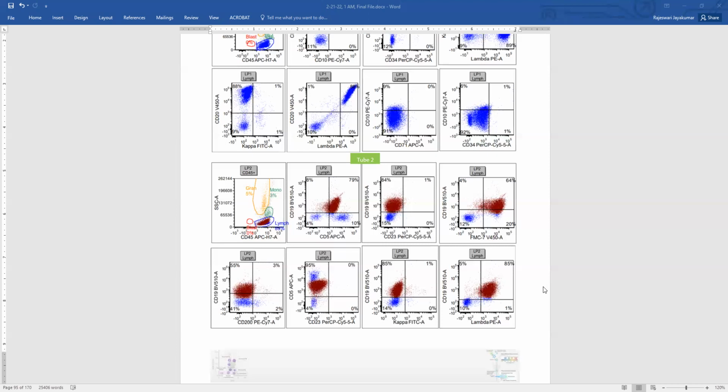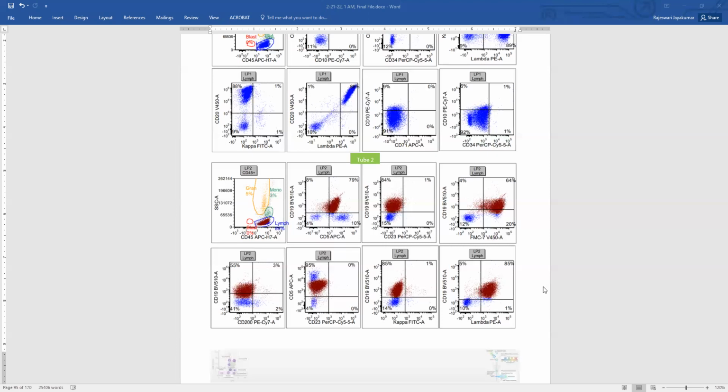It is more suggestive of mantle cell lymphoma, correlate with the lymph node morphology and cyclin D1 expression, because just from flow, I don't think you can say mantle cell lymphoma unless the patient already has a diagnosis of existing mantle cell lymphoma. In that case, you can say peripheral blood is involved by the patient's mantle cell lymphoma. But here it is better to say CD5 positive B cell lymphoma.